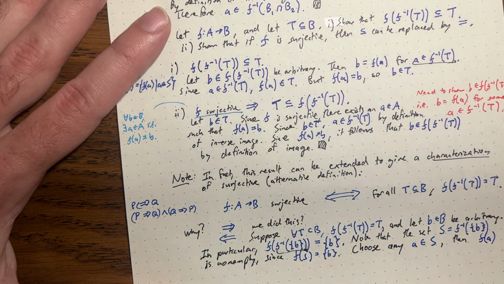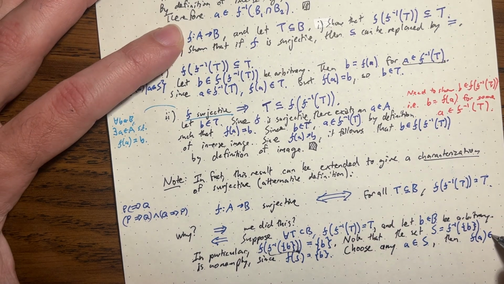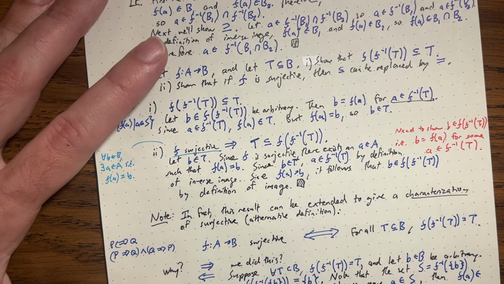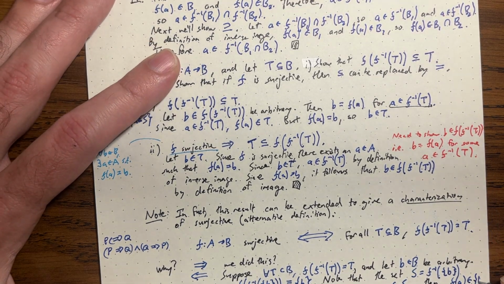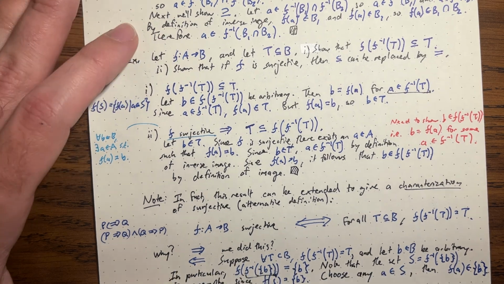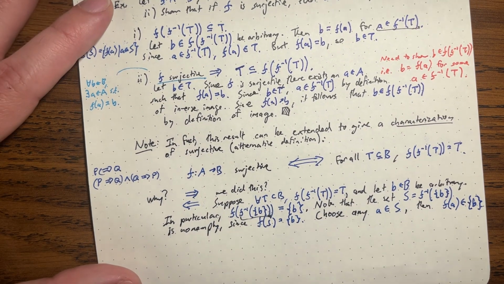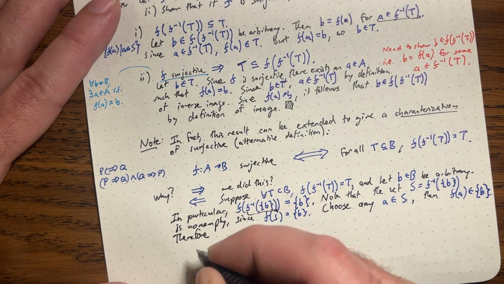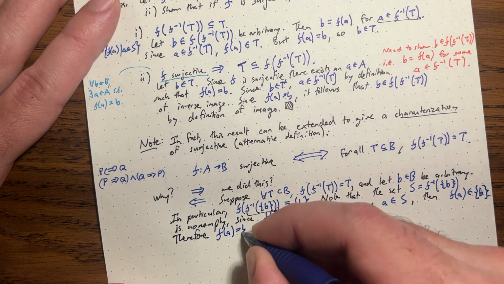Technically we can't say F of a is b yet. We just know that by definition of our image, F of a is going to be some element of this set. But there's only one element of that set. So therefore, F of a is equal to b.